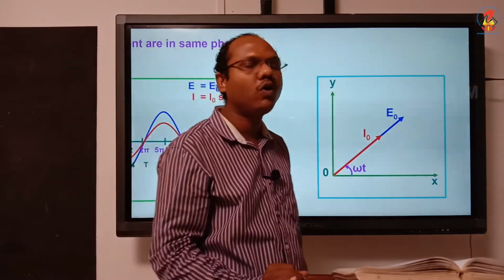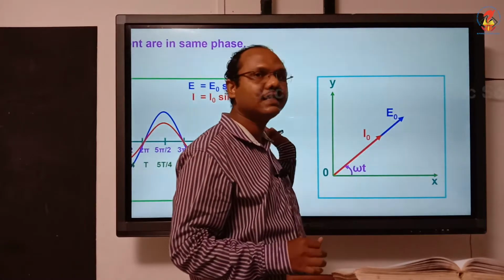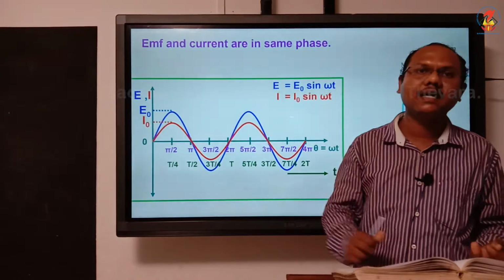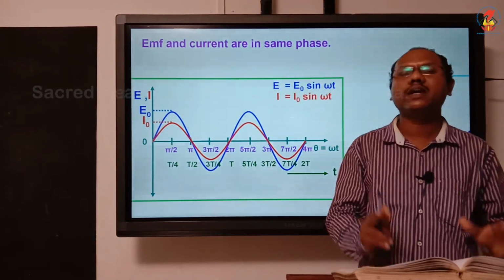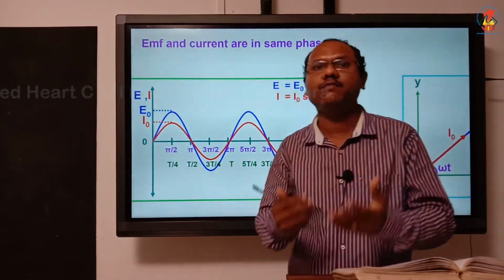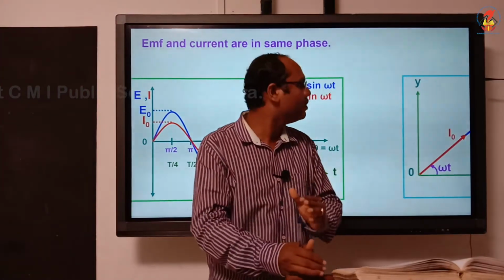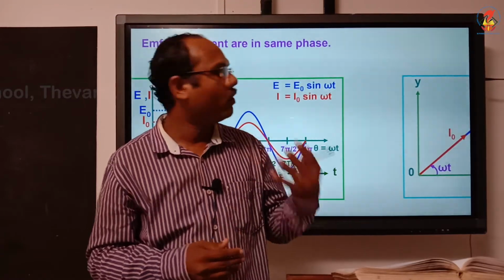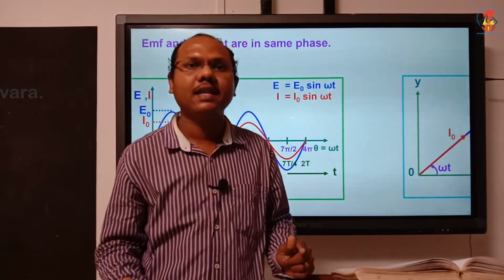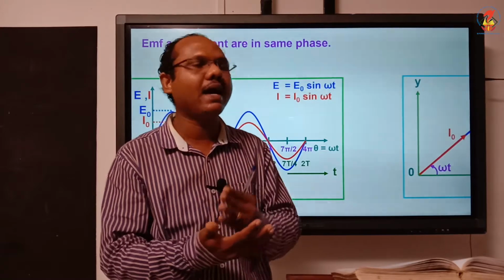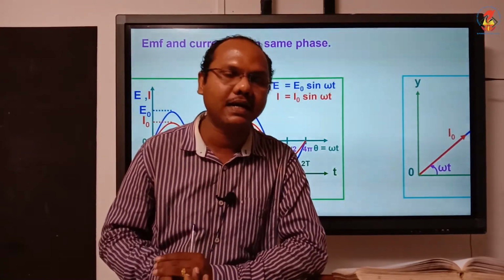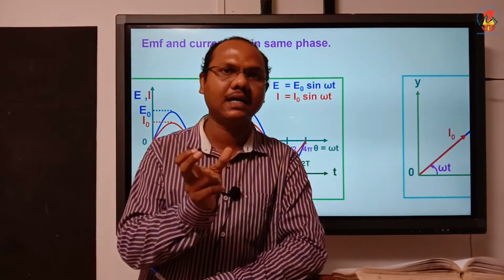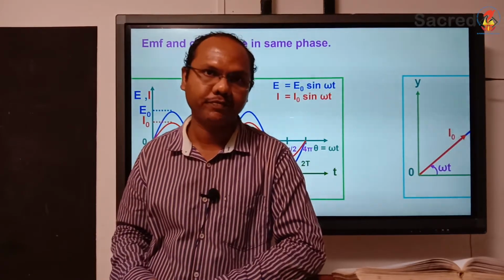So this is the graphical representation. To represent it in vector form, we use current as one vector and voltage as another vector. When we draw the diagram connecting that current and voltage, we call it a phasor diagram.